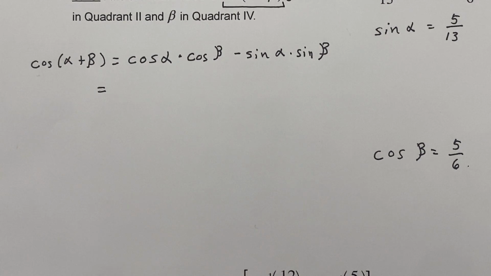And so in this case, we just can't go to the unit circle because obviously we don't have a radius of 1 anymore. This is something bigger.